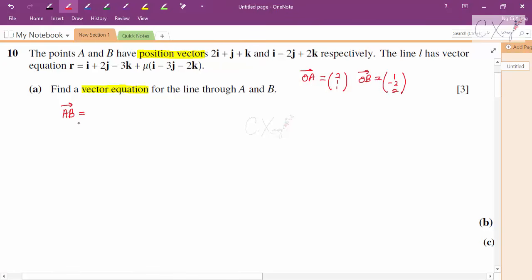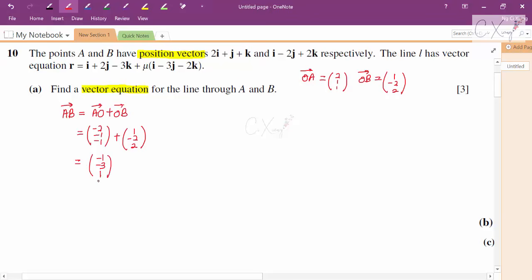Okay, so if I want to find out the AB, it will be AO plus OB, which will be equal to negative 2, negative 1, and negative 1, plus the OB, which is 1, negative 2, and also 2. Okay, then we should have negative 1, negative 3, and 1.